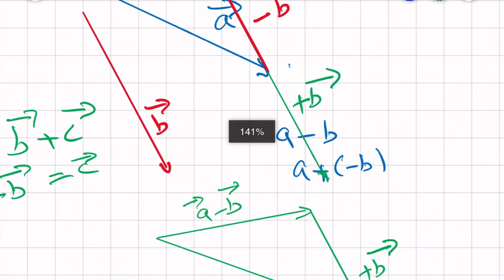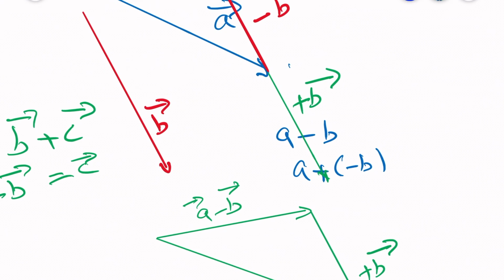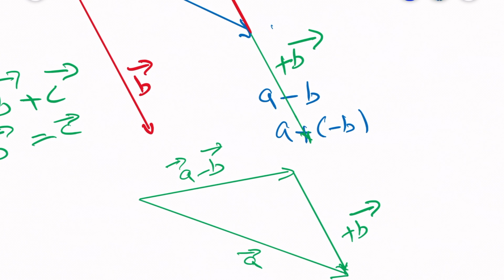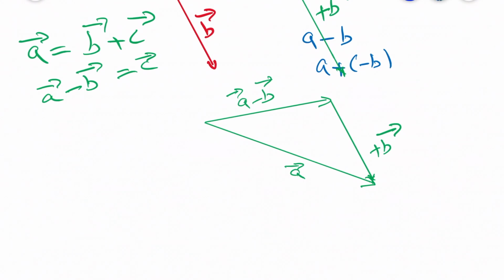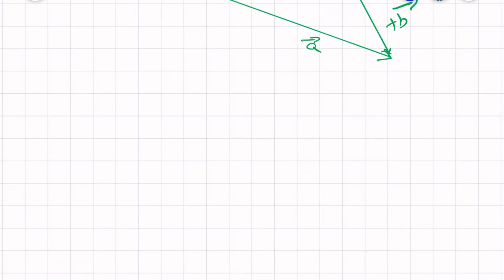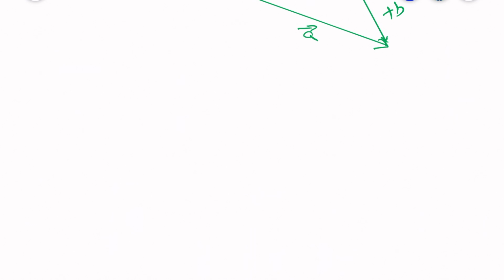If you look at our previous picture, that was our A vector, the blue vector, which is this one. So, basically, all the subtraction and addition rules that we have seen in arithmetic would apply to this.